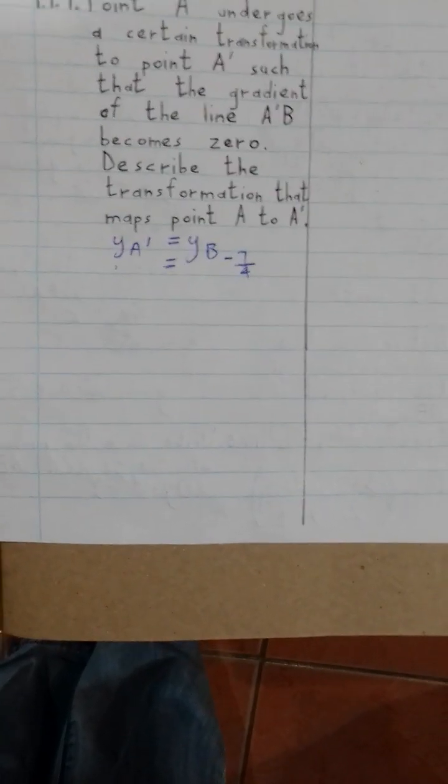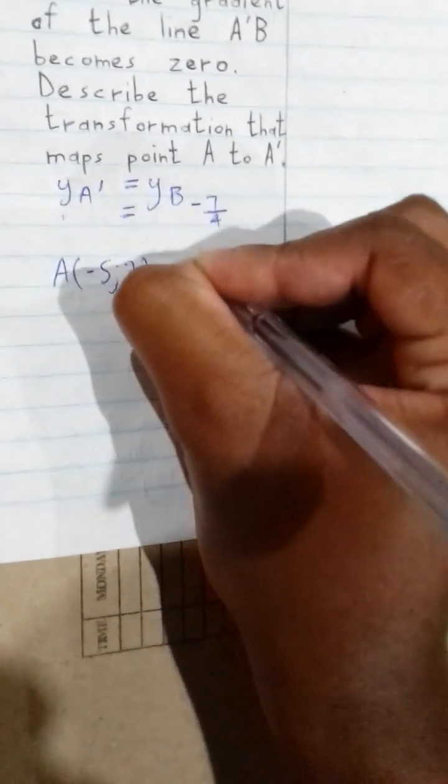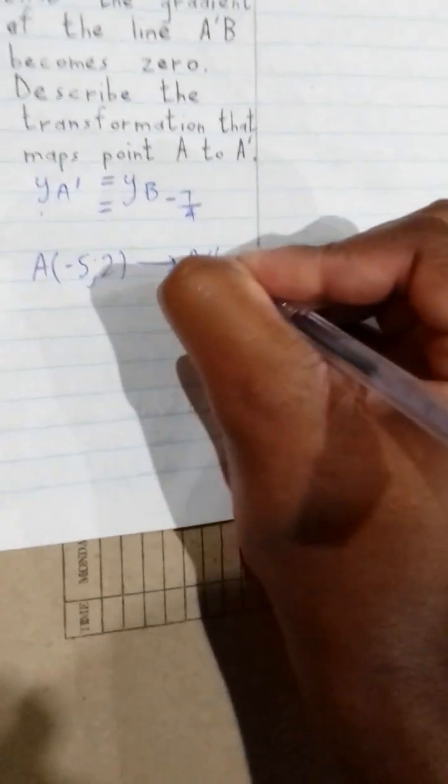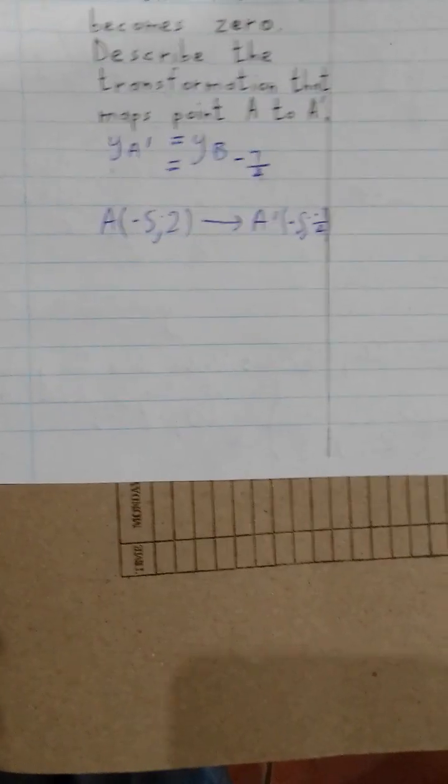Okay, now we need to describe the transformation. A, negative 5 and 2, becomes A prime, which is negative 5 and negative 7 over 4. So, since the x-coordinate remains the same, the y-coordinate changes, right?